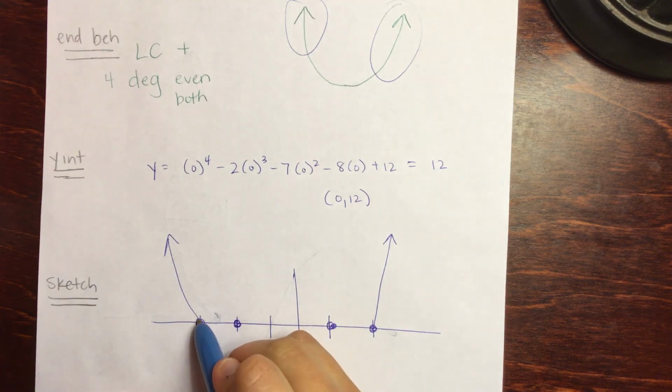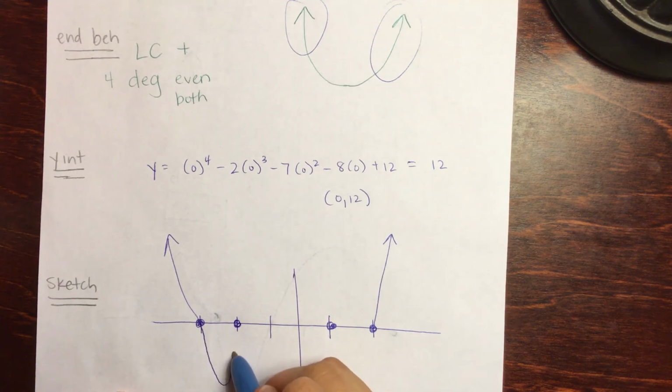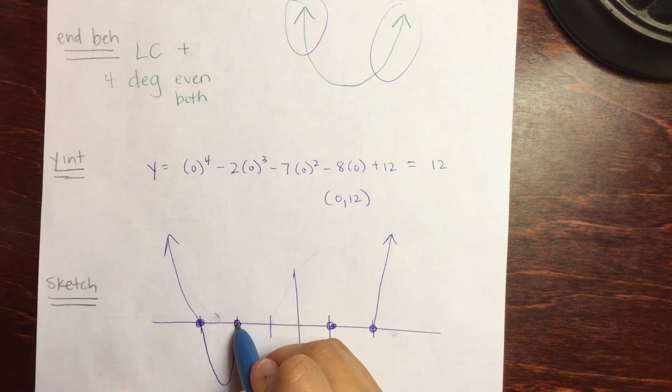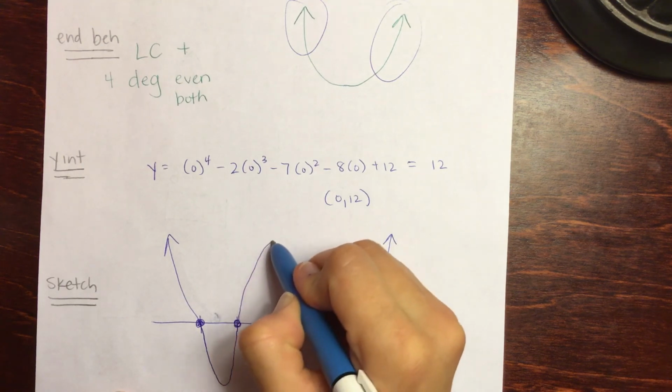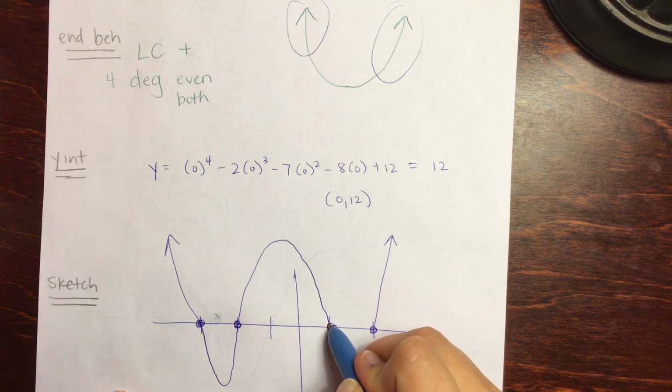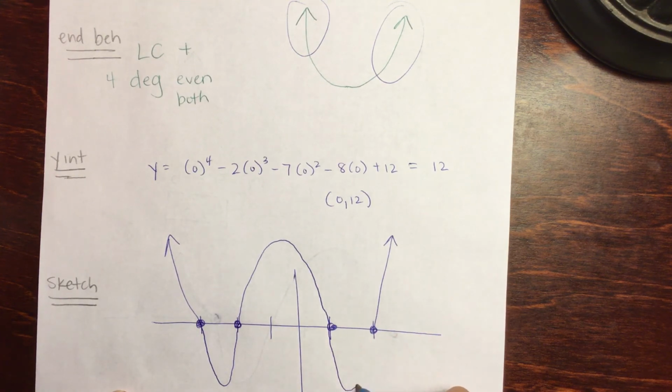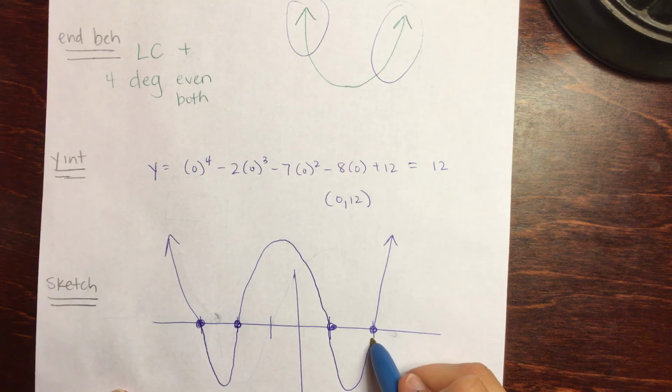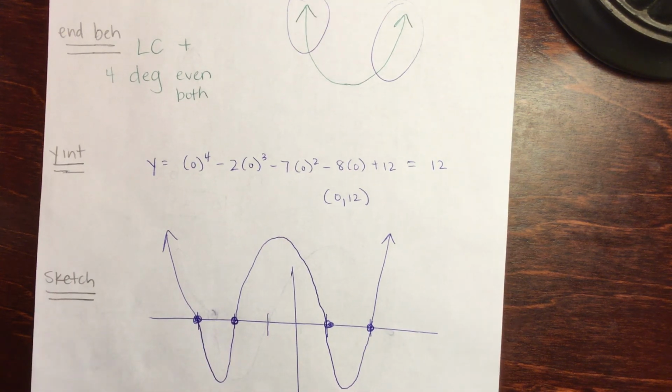So as I touch this x-intercept, I need to cross through the x-axis, go away, and then come back to get to the next x-intercept. Cross through and go away, and then come back to come to the next x-intercept. Cross through the x-axis and go away from the x-axis before you come back, and you cross through and it matches up with my arrow.